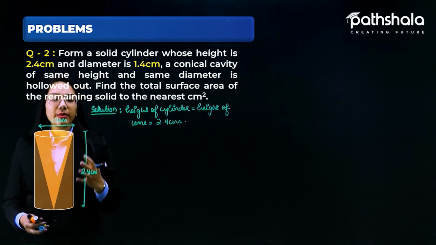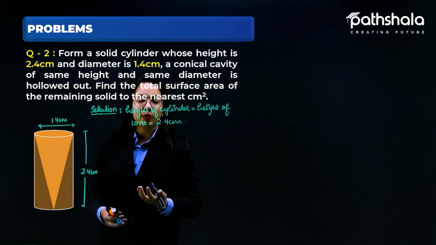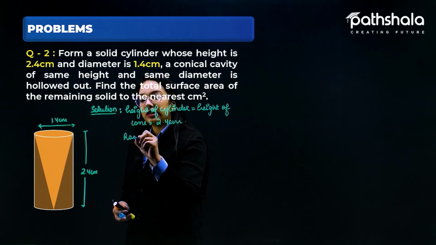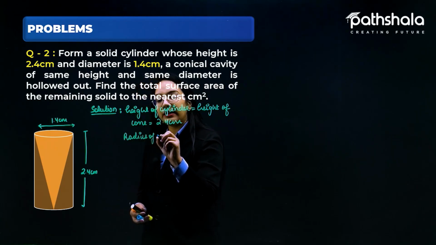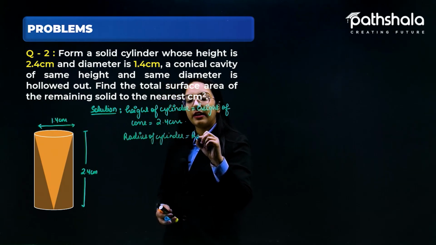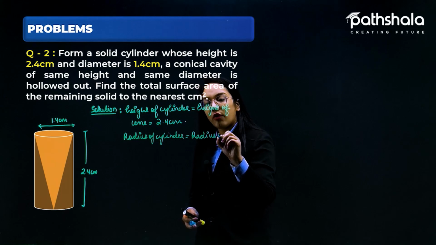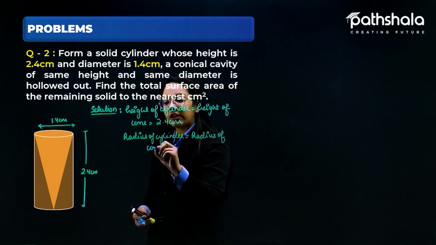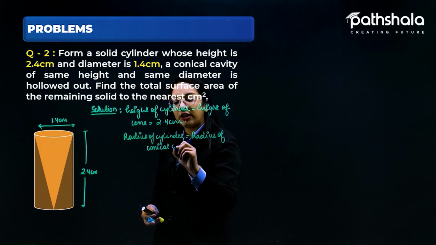If the diameter is 1.4 centimeter, then we can calculate the radius. It implies that the radius of the cylinder is the same as the radius of the conical cavity which is hollowed out.